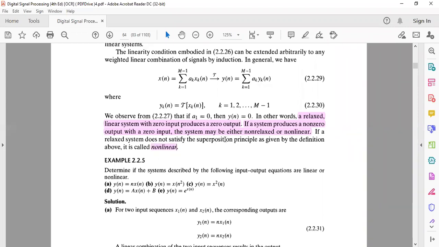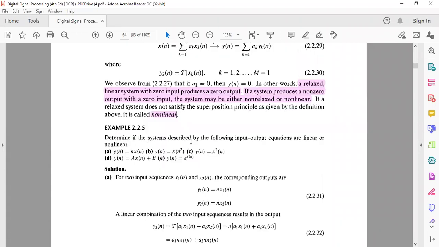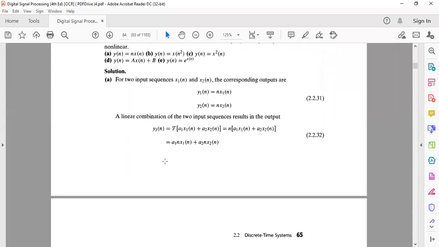We can try to determine if a system is linear or non-linear by using examples. If a system satisfies the superposition principle, then it is said to be linear. If it does not, then it is said to be non-linear.